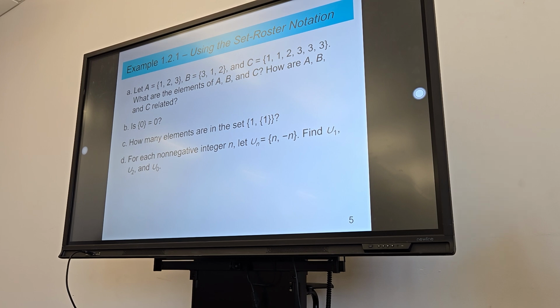An important thing to remember is: is B, the set with the element 0, equal to 0? No, it is not. The number 0 is just a number. A set with the element 0 is a set. It's a different item.